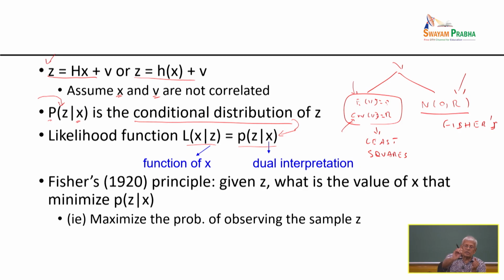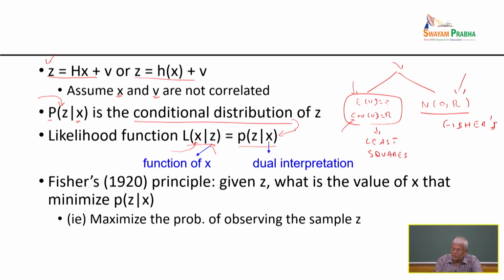Mother Nature has chosen x. I'm going to measure observation z. Z contains information about x. So the sample has already been obtained. So given the sample z, there's probabilistic information about the unknown hidden in the sample.